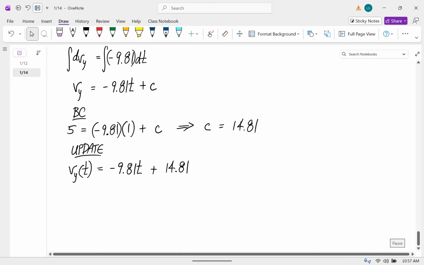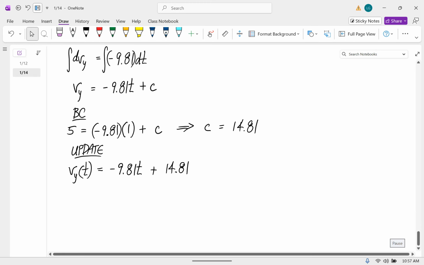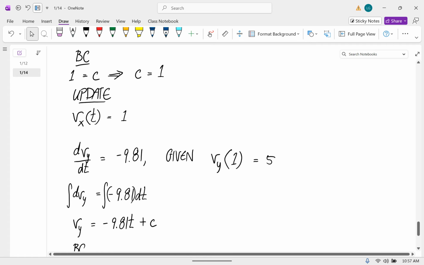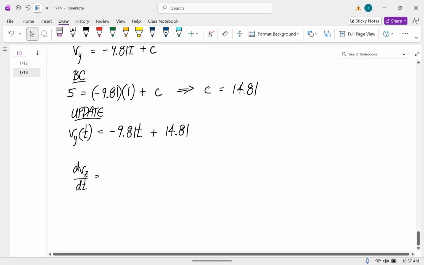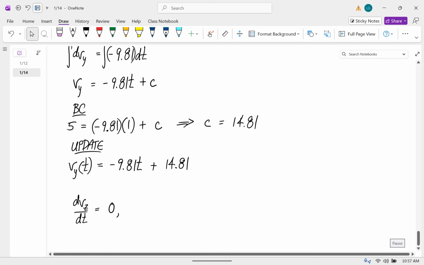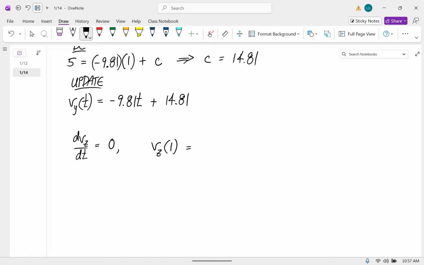Okay, I'll just do the last one quick. So now we have dvz/dt is equal to 0. And the relevant boundary condition is that when time is equal to 1, the velocity is equal to 1.